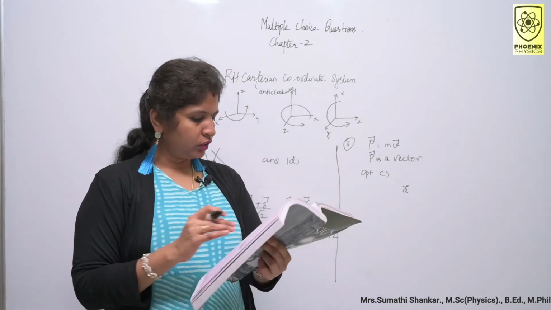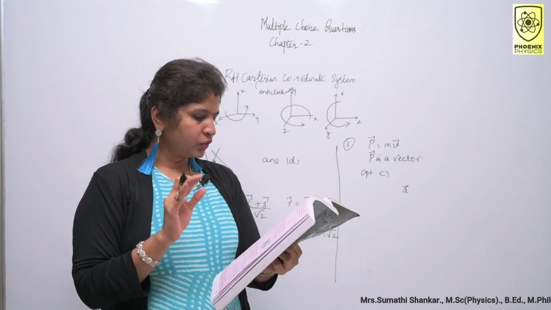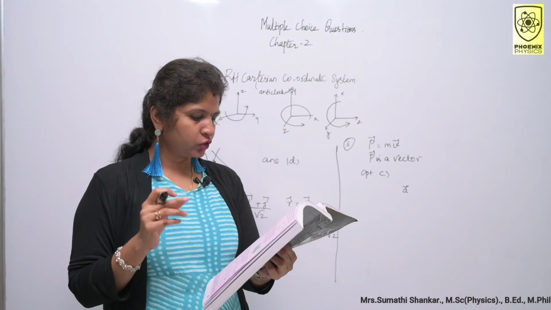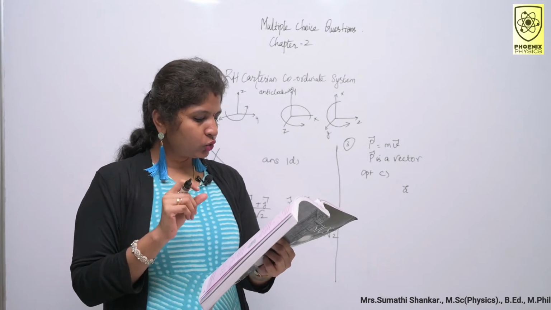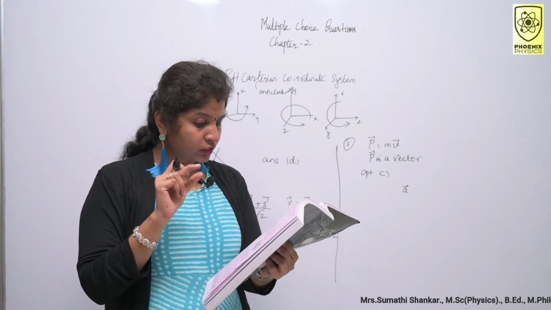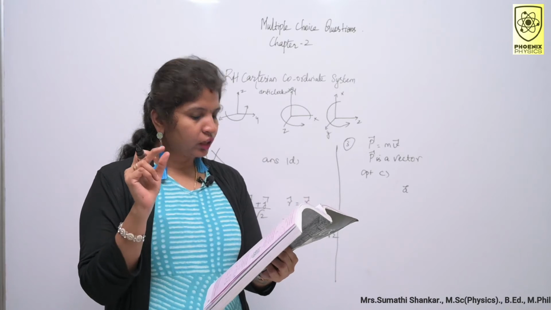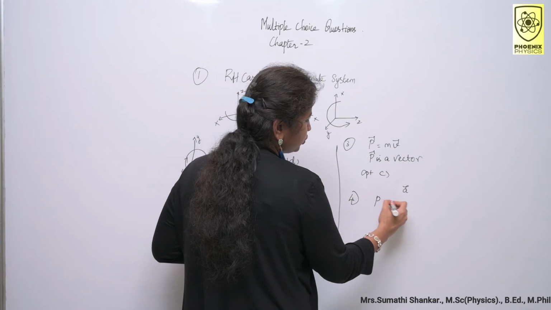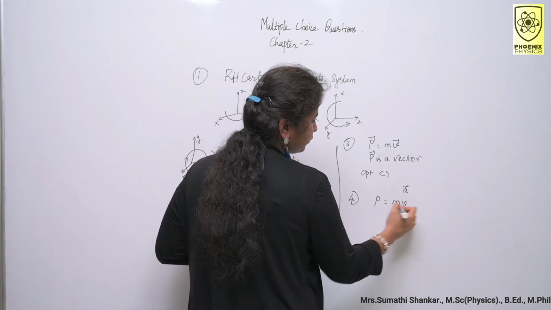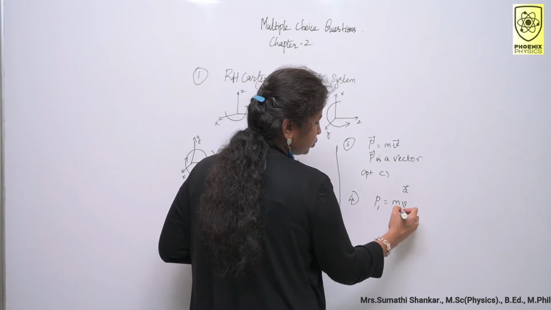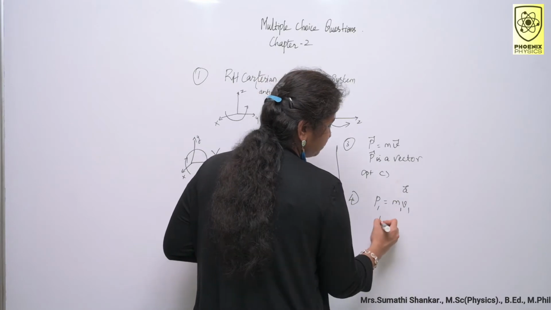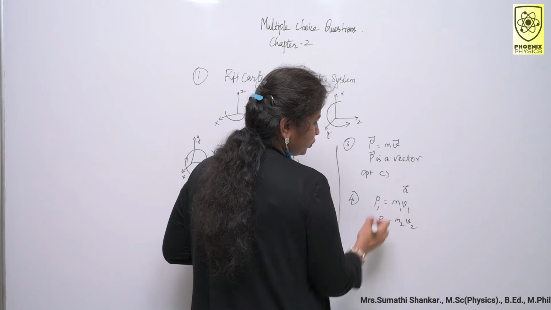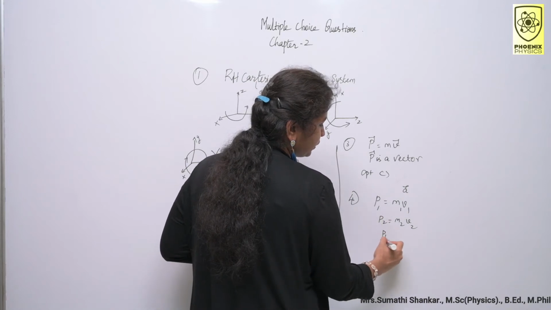Then the fourth one. Two objects of mass m1 and m2 fall from the heights h1 and h2 respectively. The ratio of the magnitude of their momenta when they hit the ground is, same formula only, P is equal to mv. Two masses are given, so P1 is equal to m1 v1, then P2 is equal to m2 v2. So what is P1 by P2?